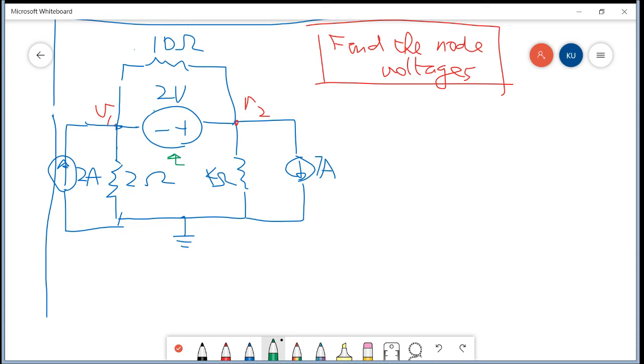We don't know the current. And this node and this node are connected to this voltage source. So we just assume this to be a big node. We call it a supernode.